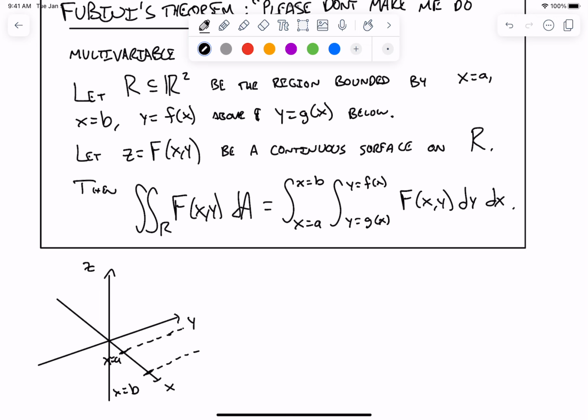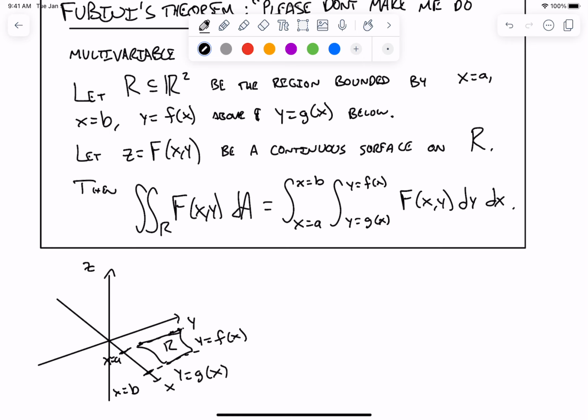And then it has an upper boundary that's given by some function, the graph of y equals f of x, and then some other function is the lower bound, y equals g of x. So this is our region R, this little boundary in the plane.